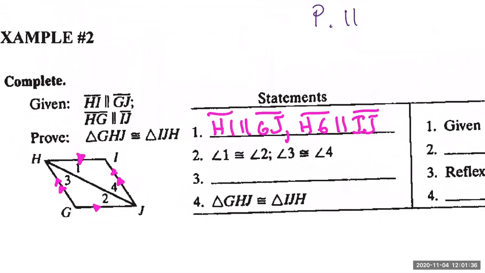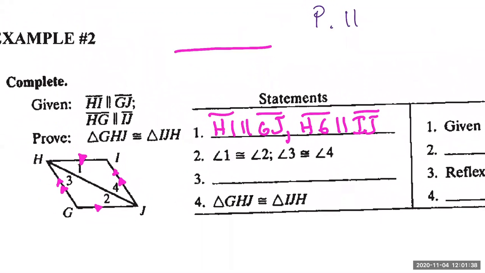Okay, so just a quick refresher from the last chapter. Do you guys remember when you were given two lines are parallel, you made certain assumptions about angles? We were given postulates and theorems that said if we had the letter Z, for example, you knew these angles were congruent to each other by alternate interior angles.